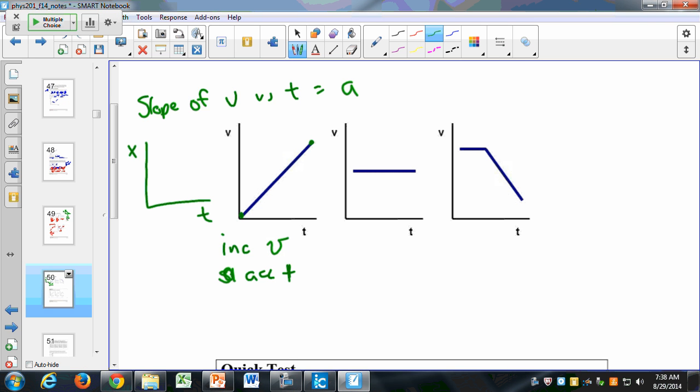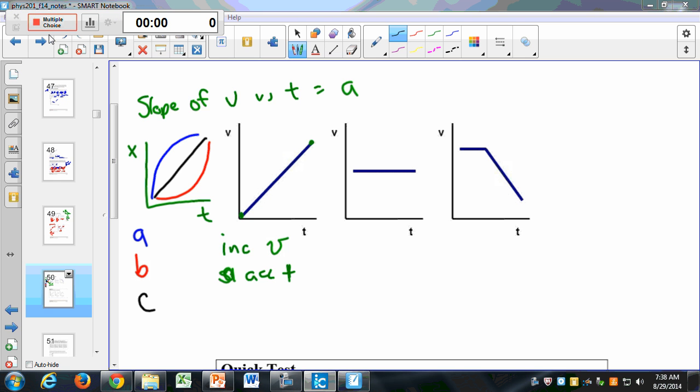So how do we draw this graph? Would this graph look like this? We'll do this as a clicker question. Would it look like this? Or would it look like this? So blue is A, red is B, black is C. What is the position versus time graph that corresponds to this graph going to look like?